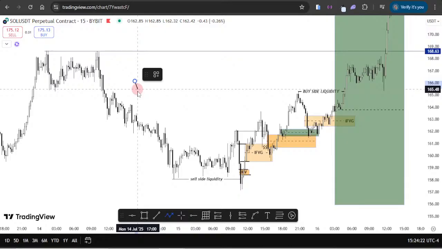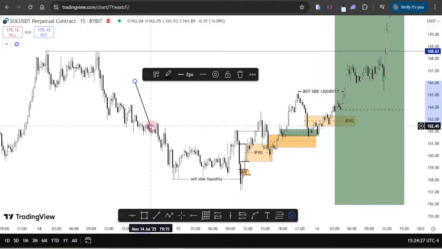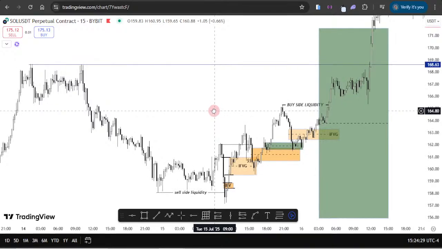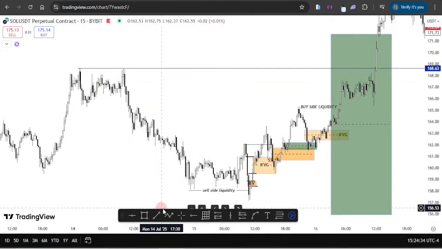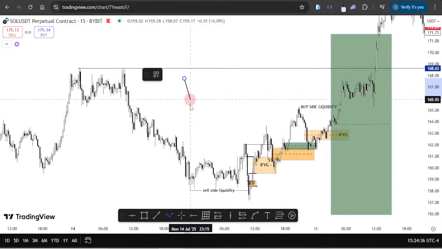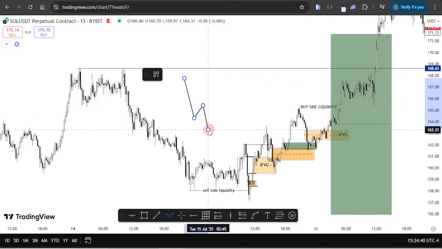I want to draw it for you. I want to actually draw it within one sweep of liquidity, break of structure, change of character, or whatever you call it.